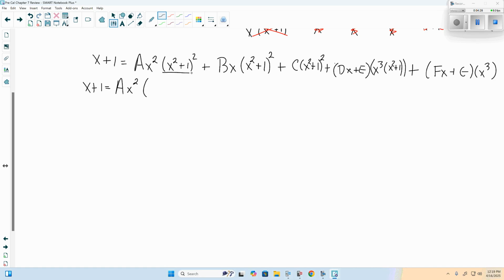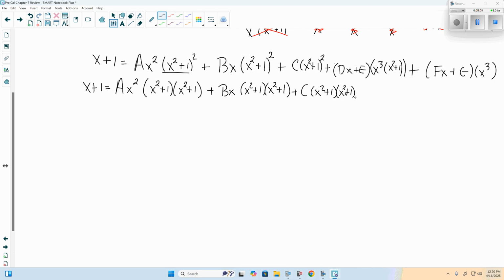Now the x squared plus 1 squared, really what we're talking about is that we have x squared plus 1 times x squared plus 1, plus, we have it showing up in 3 different places. And we are going to have to multiply that out.